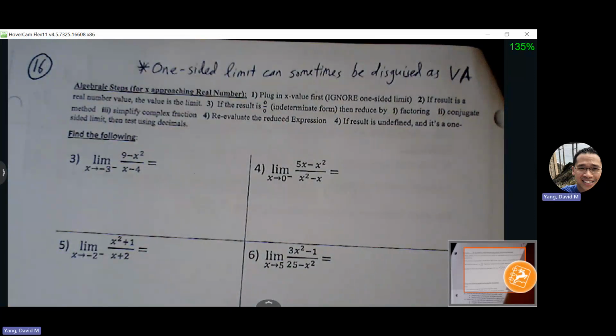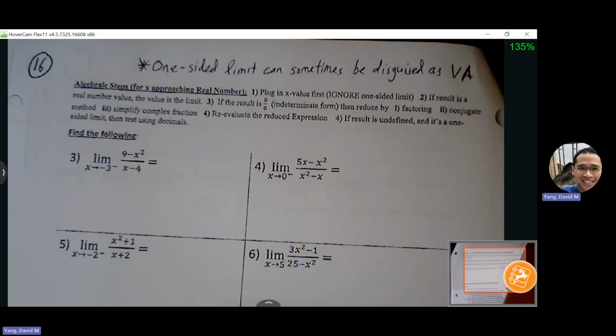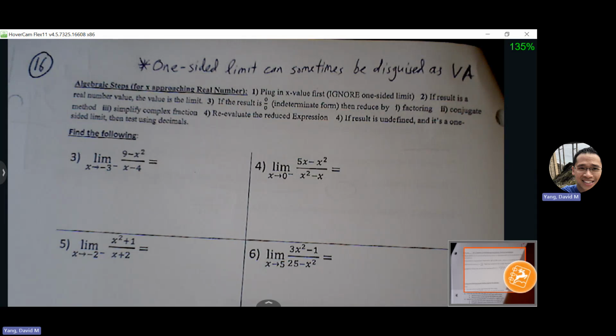Sometimes that is just a distraction. Sometimes a one-sided limit is just a normal limit problem. There may be a hole or there may be a real number. And if the limit exists, the one-sided limit is always going to fall in line.